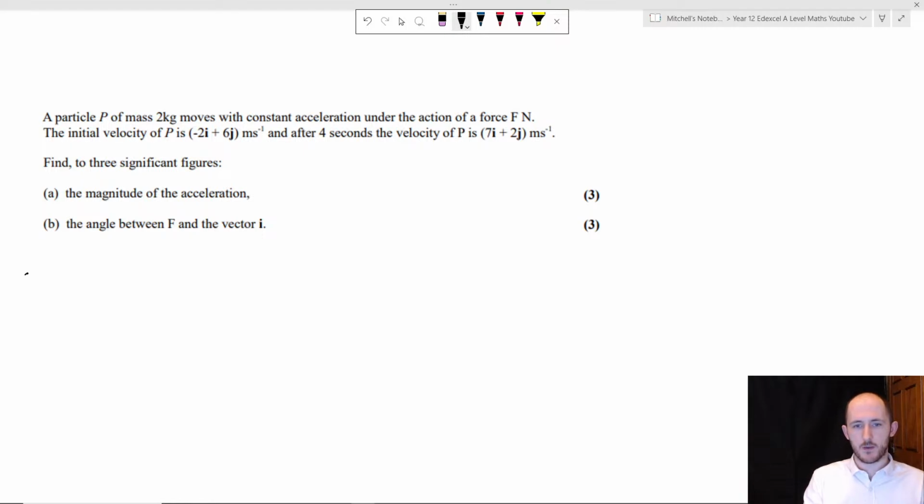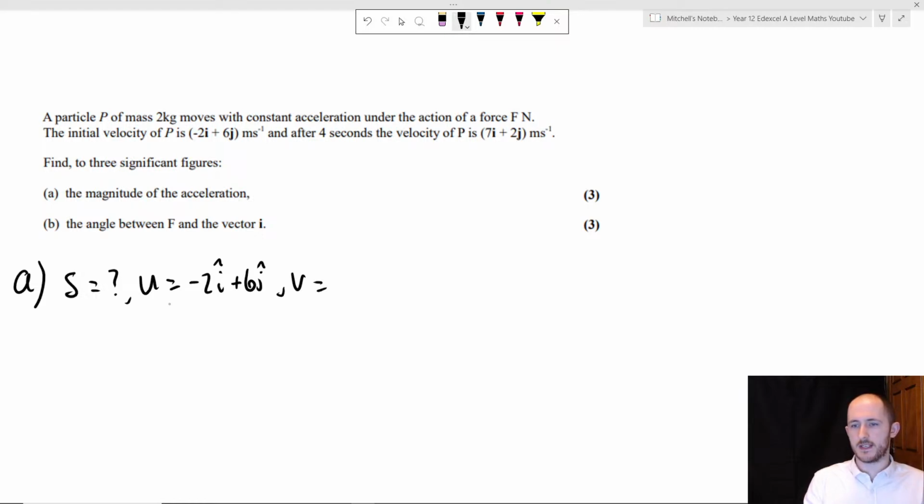Okay, so when we did SUVAT, I mentioned that everything except time was a vector. So just because they've given us vectors in the question doesn't mean that we can't use our SUVAT equations. So S, we have no idea. The initial velocity is minus 2i plus 6j.